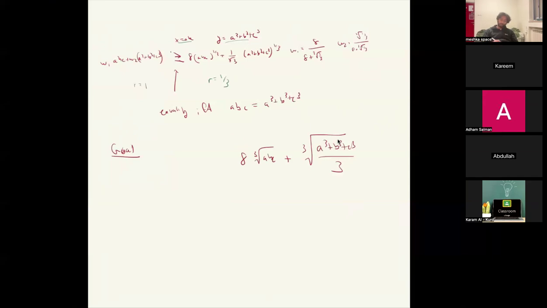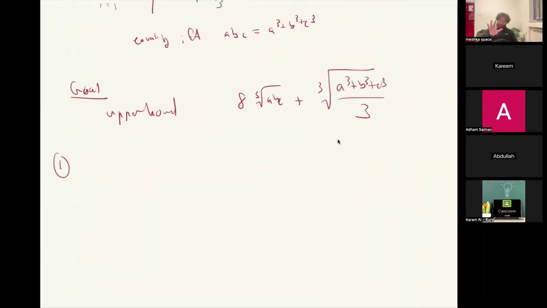And the goal is to upper bound this. So the technique that works is to use power mean on x1 equals ABC and x2 equals A cubed plus B cubed plus C cubed over 3.